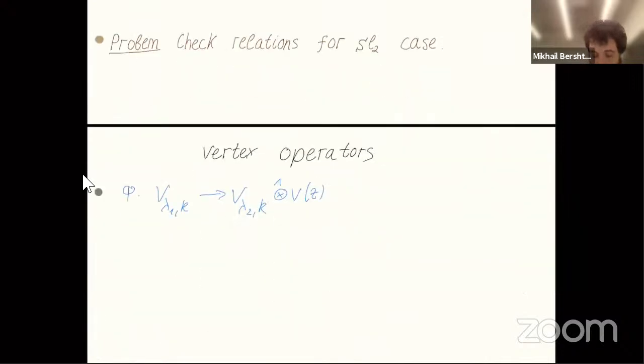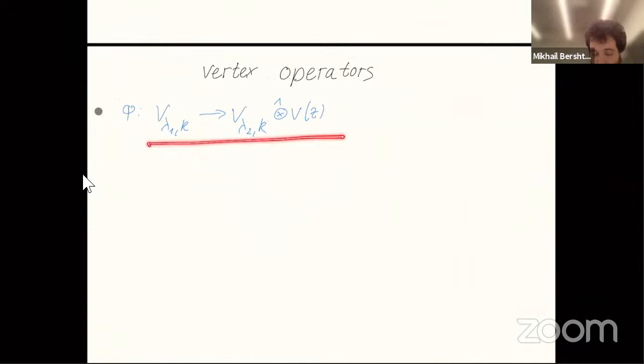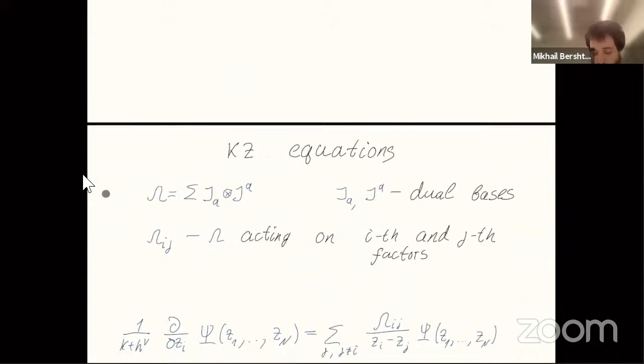And the second thing which I wanted to mention: there are vertex operators, which can be defined in different directions, but which map from the highest weight representation to the tensor product of the representation with evaluation representations. And the matrix elements of these vertex operators satisfy the KZ equations.